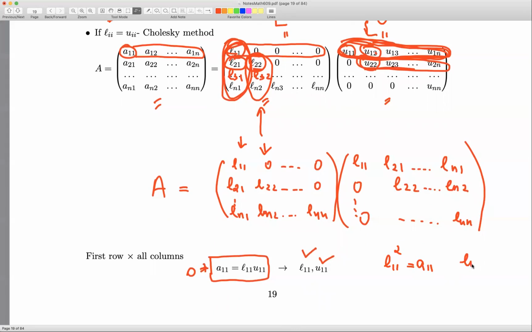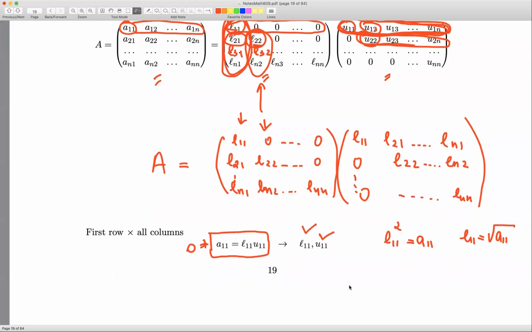So from here, we'll get that L11 is equal to square root of A11. By the way, as a part of your homework, you will have some additional properties that you will have to write down for symmetric matrices. And this is one of the properties, that A11 and all the elements on the main diagonal have to be positive. So this is well defined.